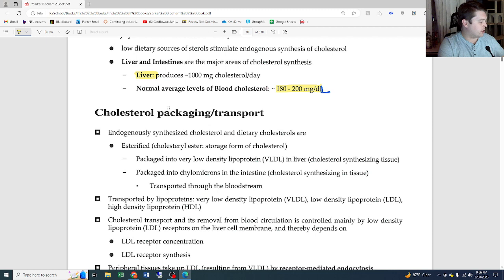Working together with the gallbladder to produce all of the different enzymes that we need. And this is actually why the liver is one of the most important organs in our bodies.